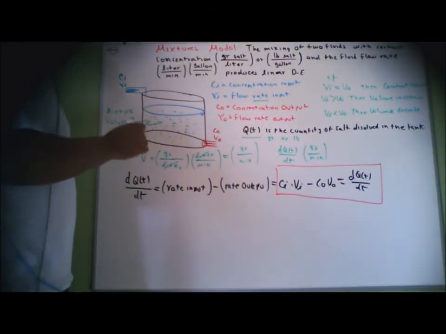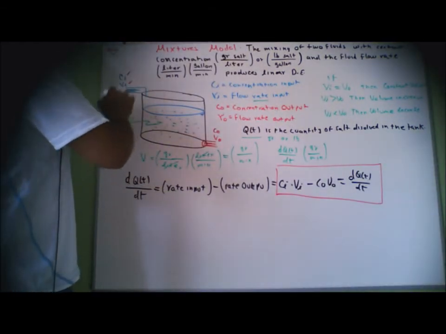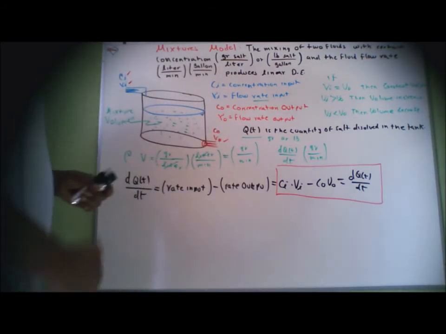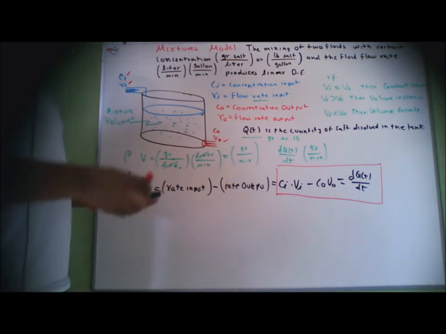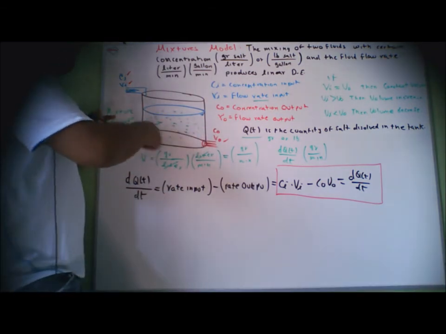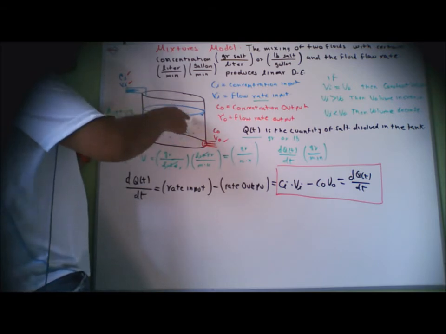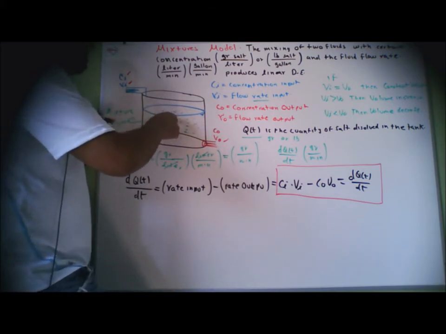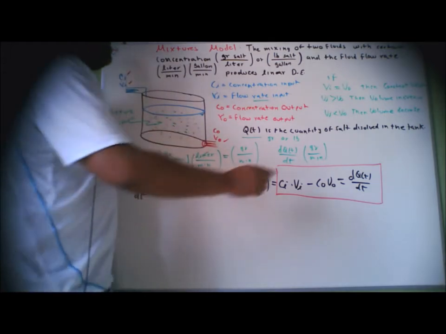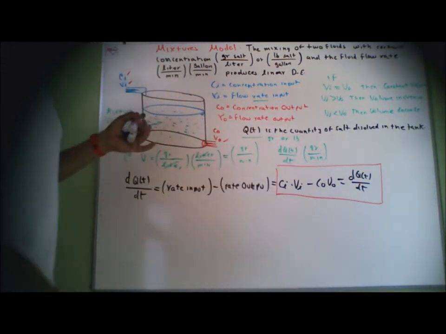What the problem should give you is the concentration input, concentration output, and the flow rate output. But one thing you have to calculate is the concentration output, because the concentration output is going to come from the quantity of salt in the tank divided by the volume, and the volume could be constant, but could be variable.